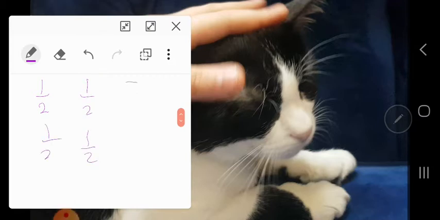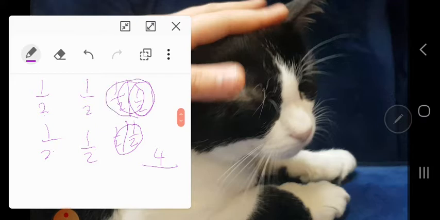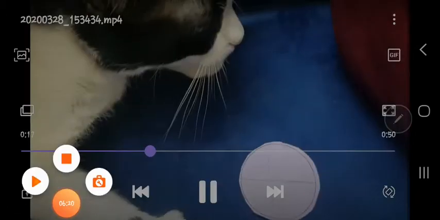I share 2 pizzas with her. Each pizza is cut into halves. So how many halves do I have? Count them. 1, 2, 3, 4. 4 parts, right? The denominator is what you take from one whole, that means what you cut it into. So it equals 2 wholes.